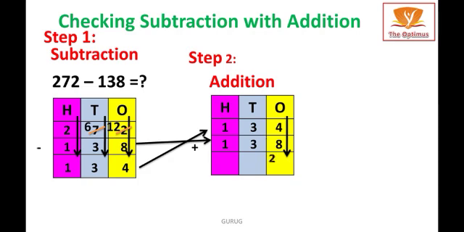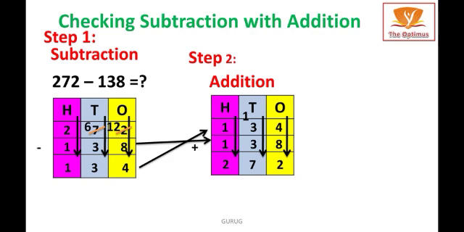In this 12, 2 I am going to write in ones place. 1 carry out to tens place. Now I am going to add tens place. 1 plus 3 plus 3 equal to 7. Next I am going to add 100 place. 1 plus 1, 2. Therefore, 134 plus 138 equal to 272.